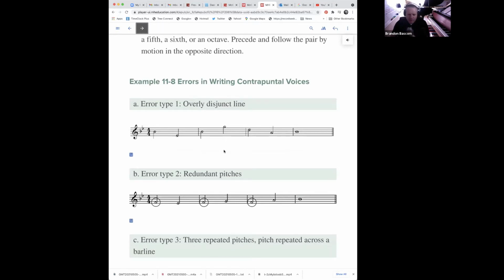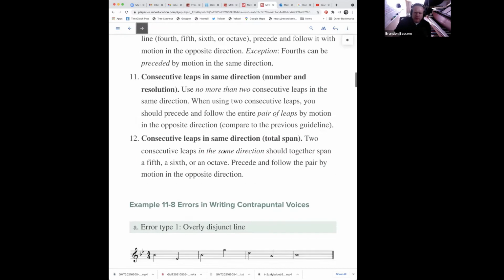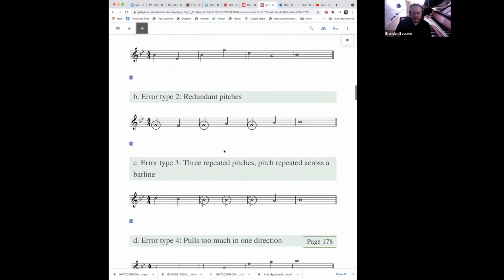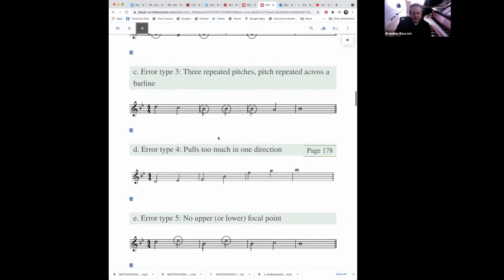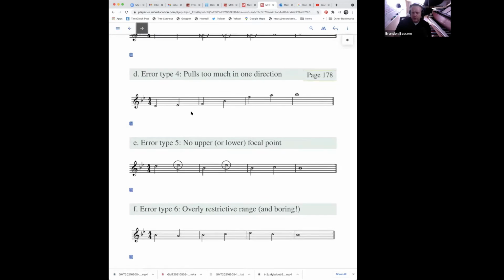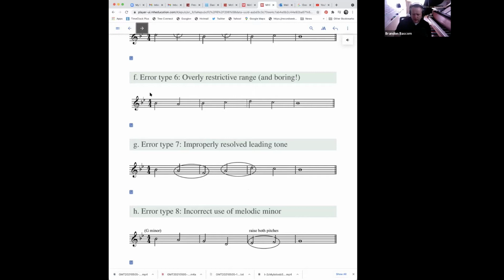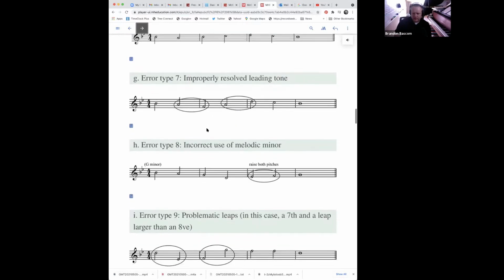And then here they are one by one with an actual example. We're leaping all over the place. In A and B, we have 3 of the same pitch, repeated notes, and across a bar line, tisk, tisk. Only going one direction. We have 2 focal points. Small range. We don't resolve our leading tone.